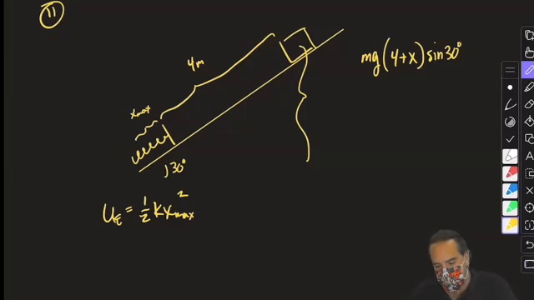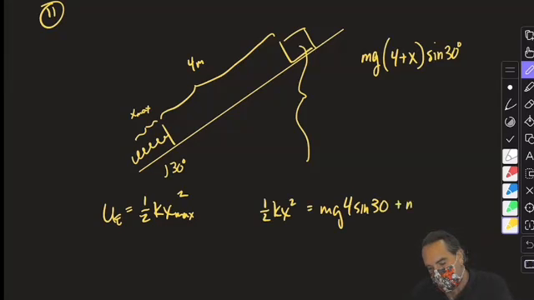But you still have to do 1/2 kx squared equals mg 4 sine 30 plus mg x sine 30, and solve this for x. The only way to do this is by using the quadratic formula. So I'm interested to see how far we are off from their number.